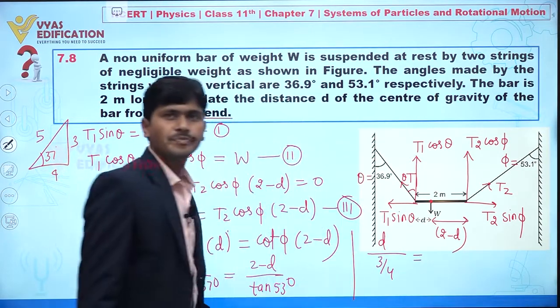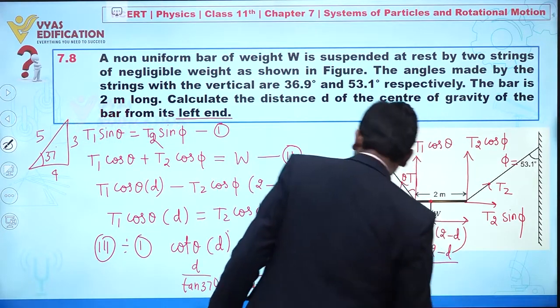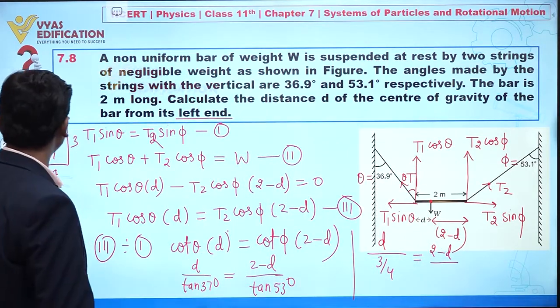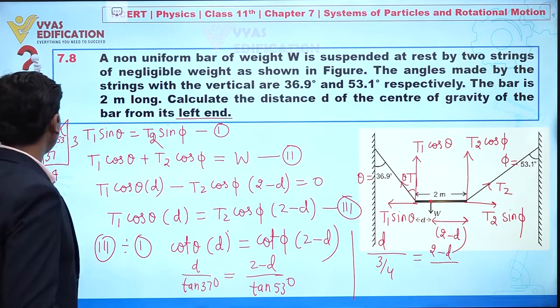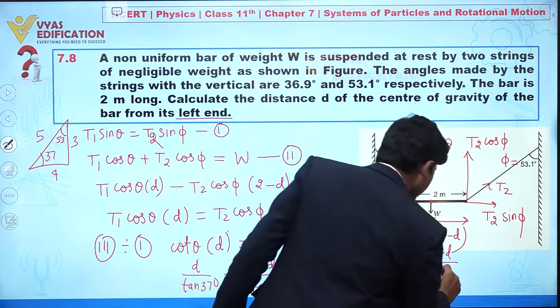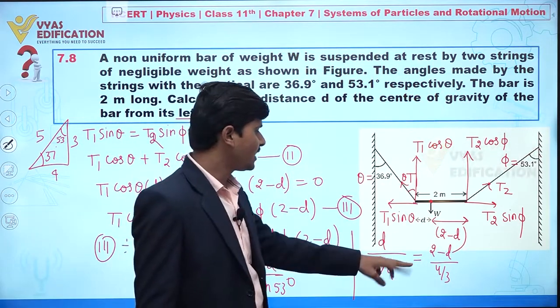This is equal to (2 minus d) divided by cot 53. Cot 53 is 4 by 3. Clear? So we have 3 by 4 and 4 by 3.